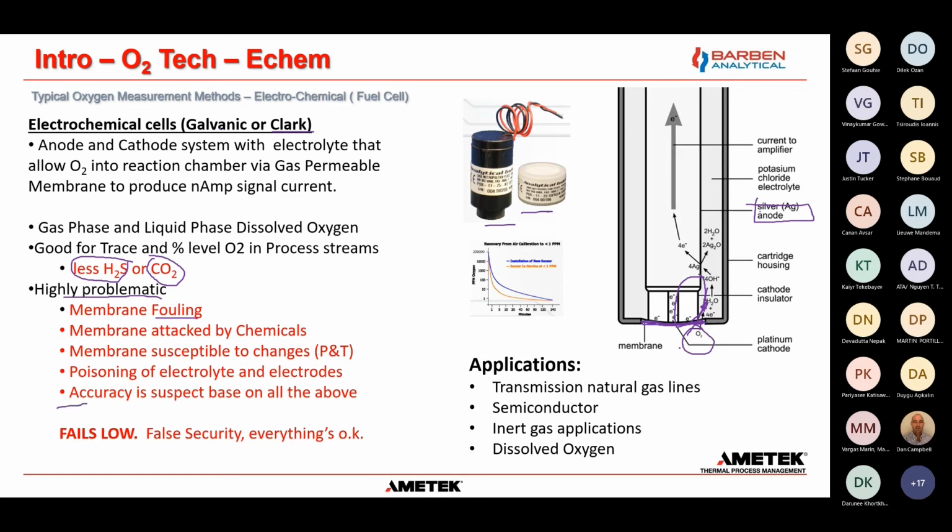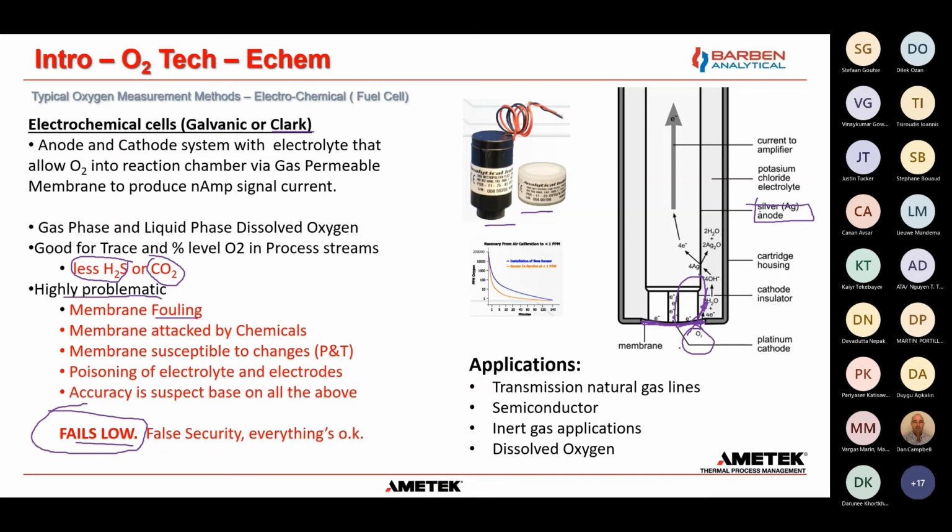So what that gives us is the worst part about this thing is that it fails low and it drifts low. So in most of the applications where we're talking about corrosion, where we'll see a lot of this trace stuff, or product efficiency and product quality, most of the time folks are looking for zero oxygen in their system.